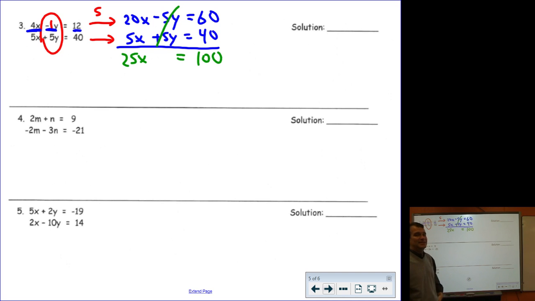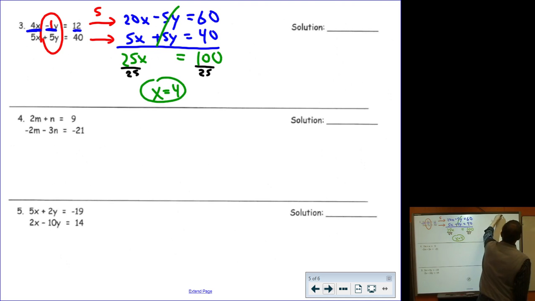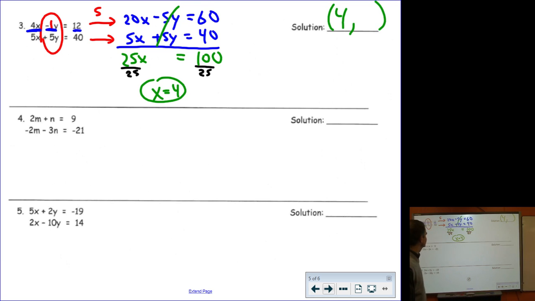And I have added the equations together and eliminated one of the variables. I can now go ahead and solve for x by dividing both sides by 25. And I get x equals 4. And I now have half of my solution.